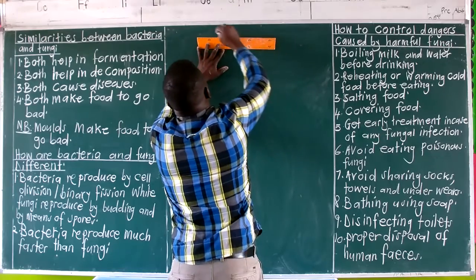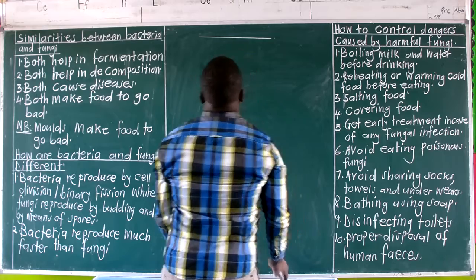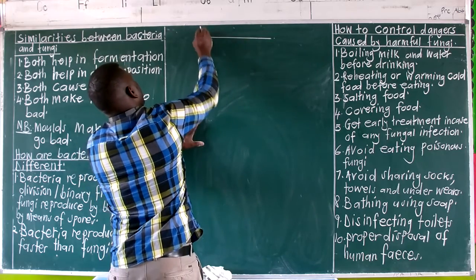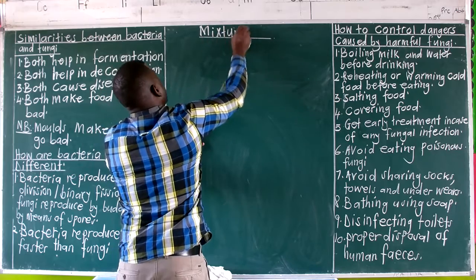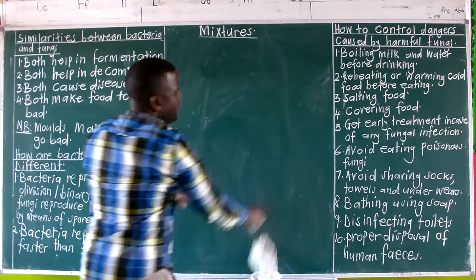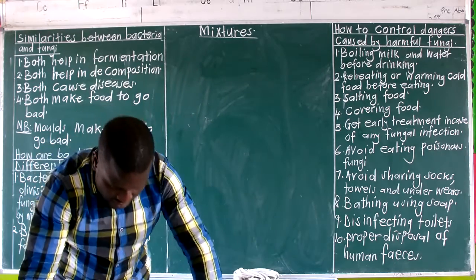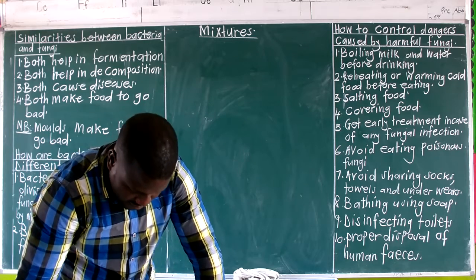We look at mixtures. What is a mixture? A mixture is a combination of two or more substances.